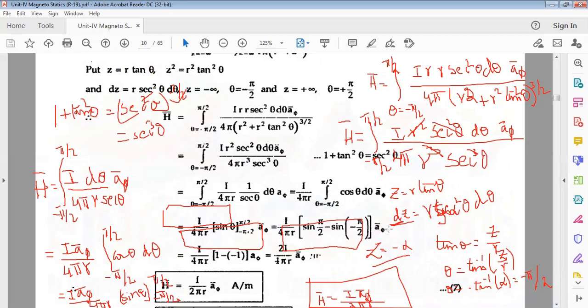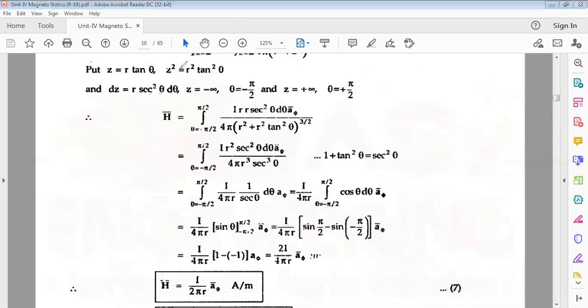Rho L by 2 pi epsilon naught r is the electric field intensity due to the infinite line charge. So we got H bar equal to I by 2 pi r into a phi bar, the magnetic field intensity.